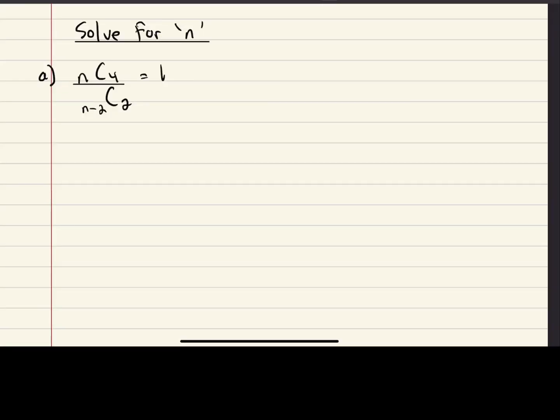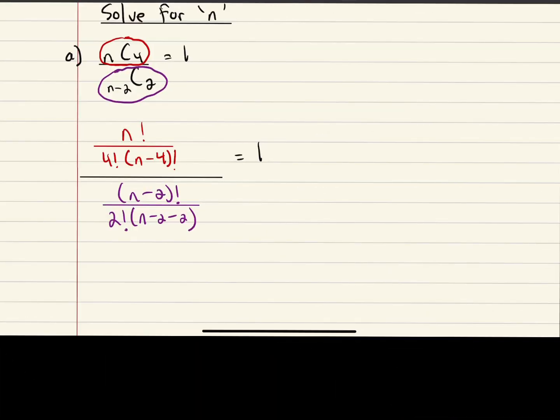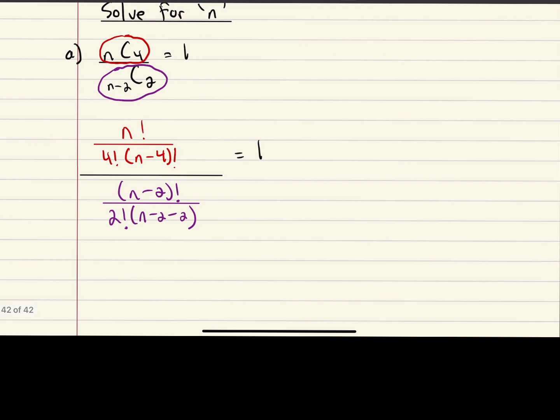So now let's solve a little bit more of a complicated one over here, where we write n choose 4 over n minus 2 choose 2 is equal to 1. What we're going to do is expand each of these and then see if we can simplify it. So when I expanded each one here, I tried to correspond them to the correct colors.